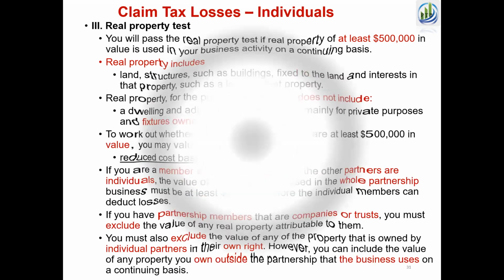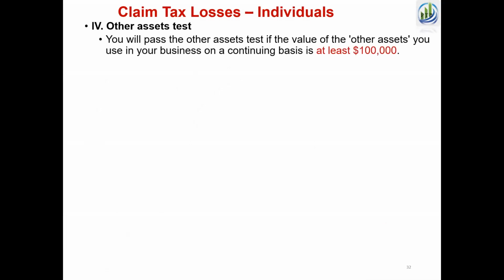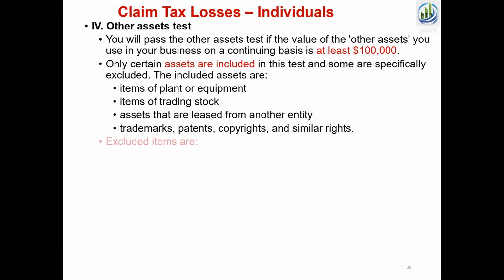Right, so when we go back to the other assets test, as I said, you should have at least 100,000 for your business. That does not include motor vehicles and real estate property. You can see it's very important in this line. So not only that, we can include intangible assets like trademarks, patents, copyrights, goodwill, etc. Right.